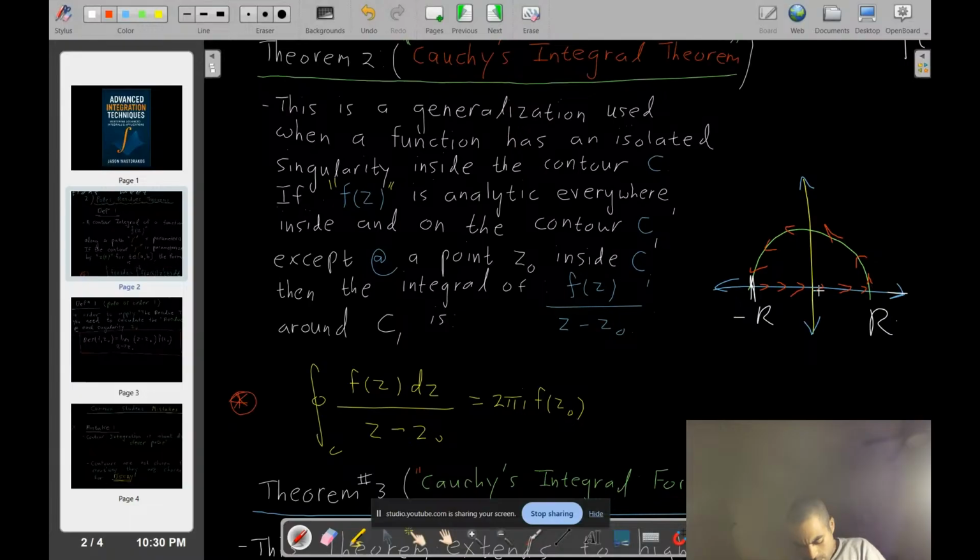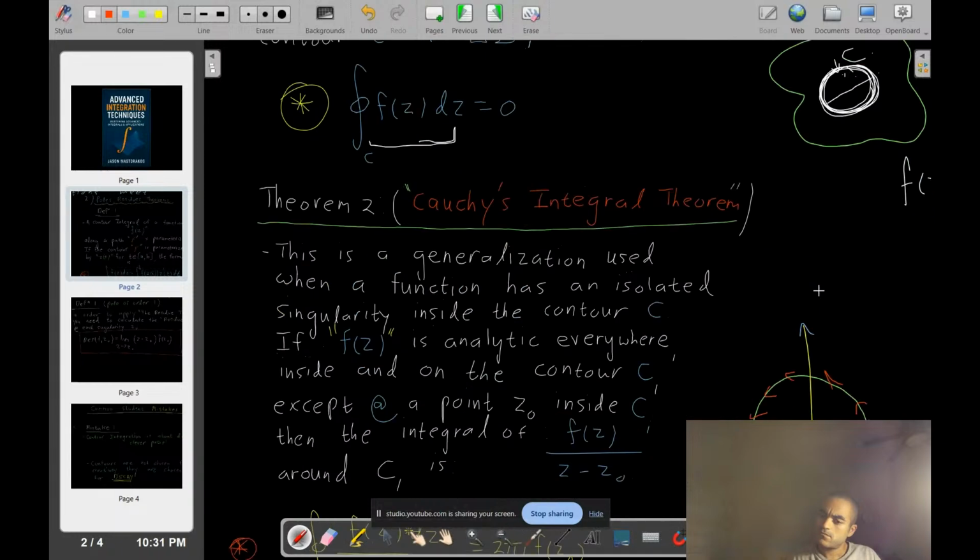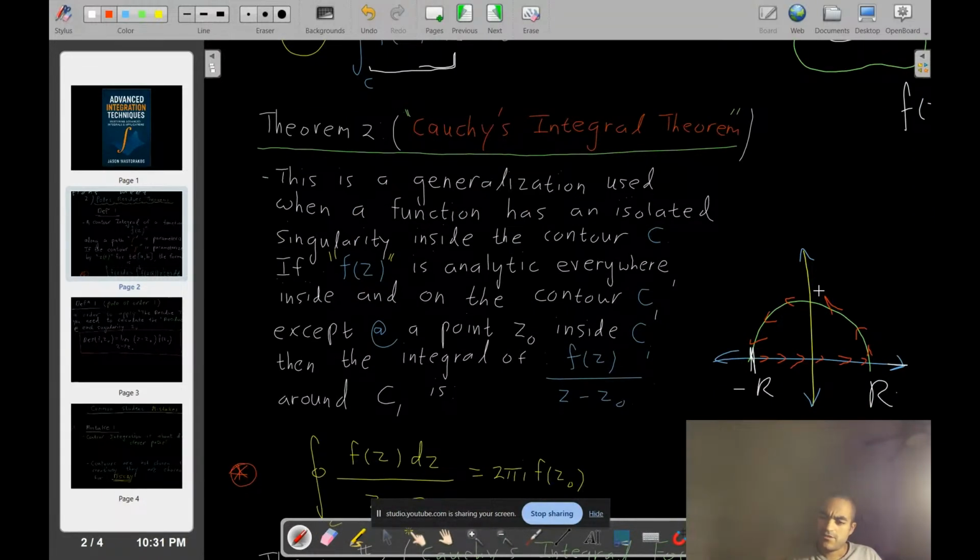That's a good question. Let me think. Oh, I'm being silly. My mistake. Yes, it is a closed contour.